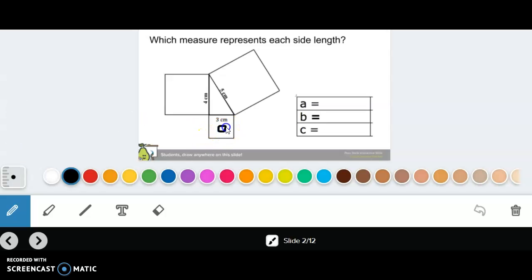So I'm going to call this A. I'm going to call this one B because it's my long side, and then this would be C. I'm going to take those numbers and fill them in the blank over here. So my A was 3, my B was 4, and my C was 5.